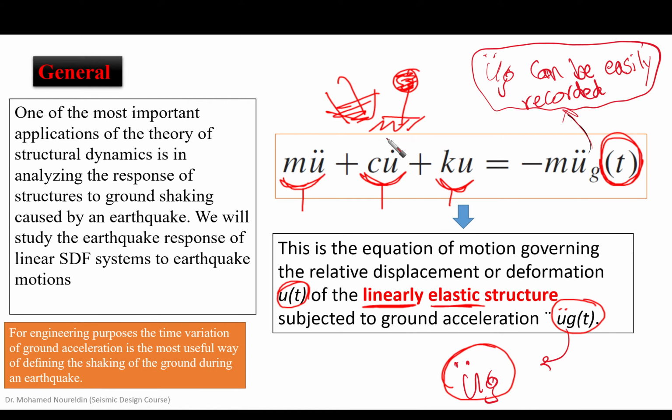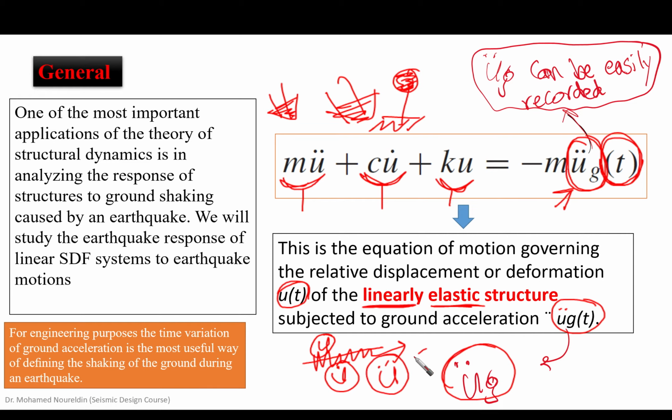Okay, so now, as we have understood this equation, we can go to the next step. One thing that is important for us to highlight is why we are putting u double dot g here. U double dot g can be easily recorded in practice. U double dot is the acceleration of the ground motion. Whenever we have a ground motion, it can be expressed by displacement u, velocity u dot, or acceleration u double dot.